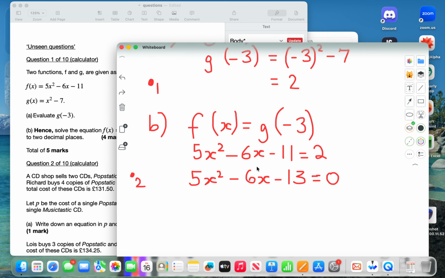So we're going to use that, and what we first want to do is we're going to compare with ax squared plus bx plus c.